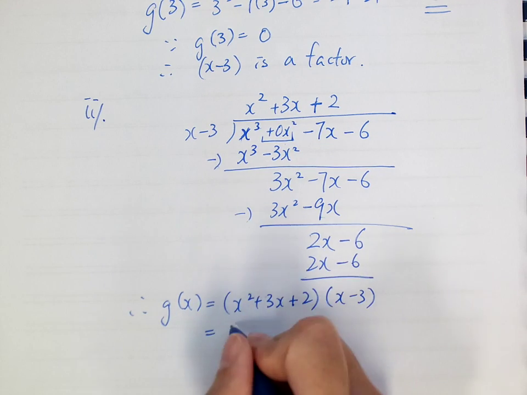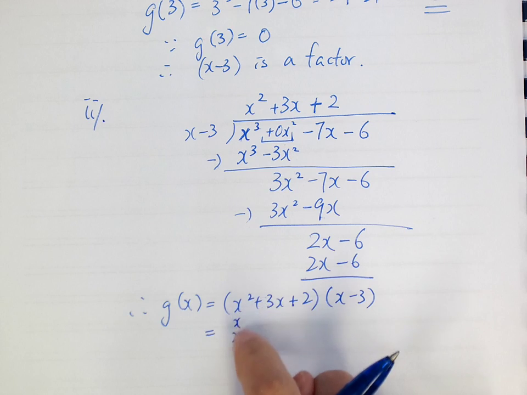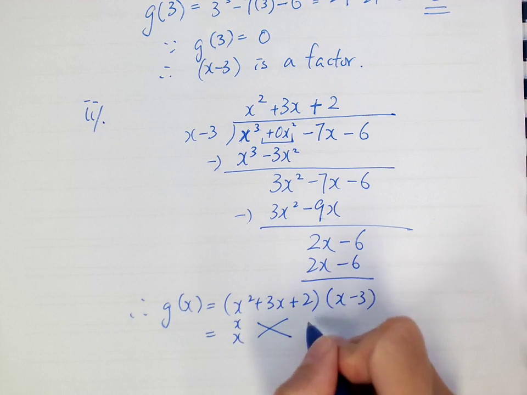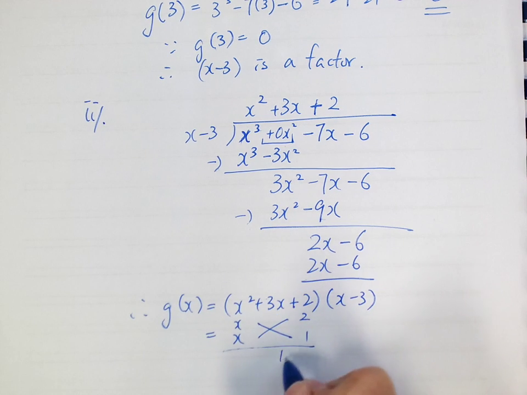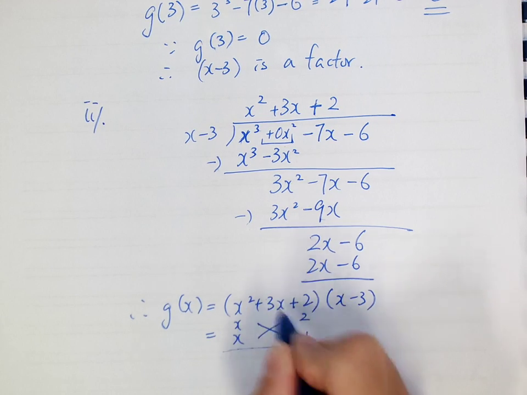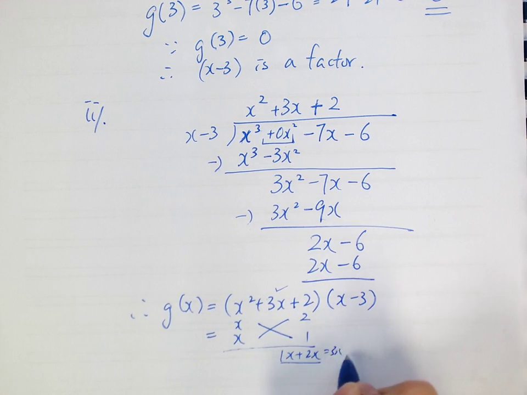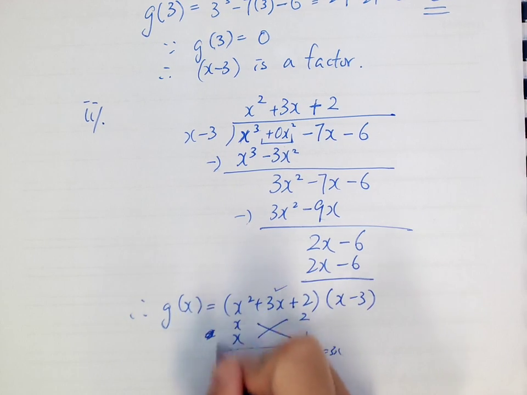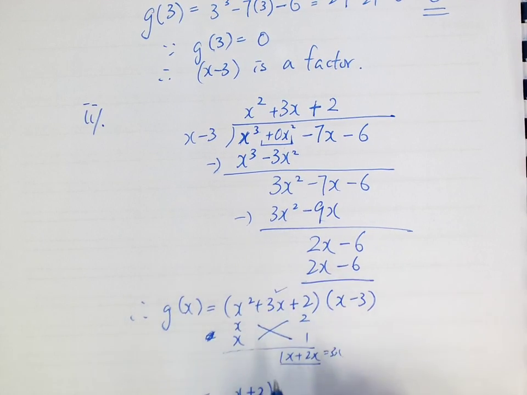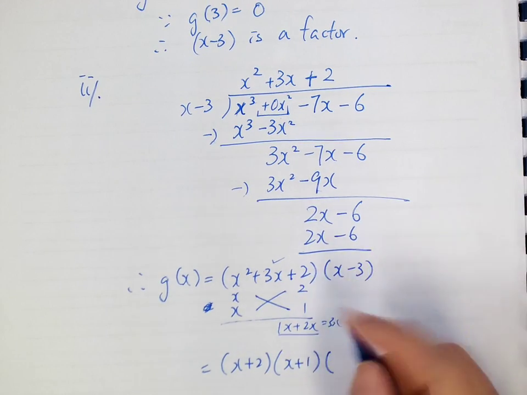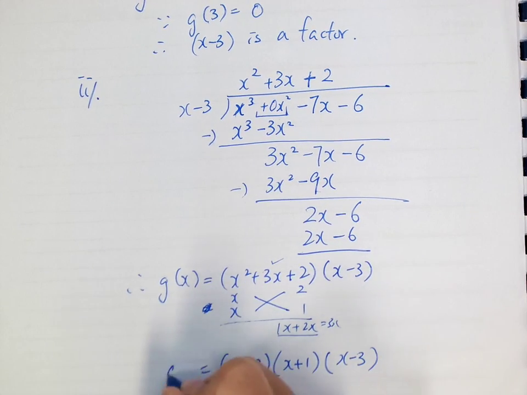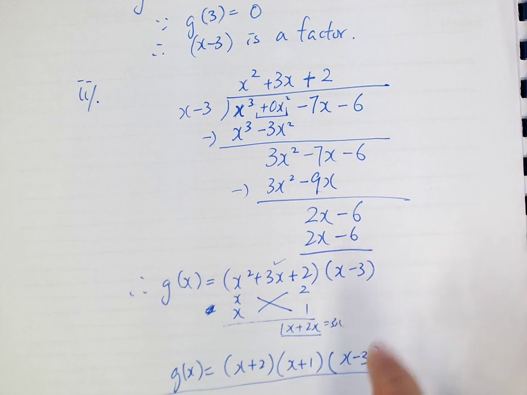If we use the cross method, we can break it down. x squared becomes x times x. 2 is 2 times 1. You have 1x plus 2x, which is 3x. Okay, therefore your factorization should be x plus 2 times x plus 1 times x minus 3. This is the complete factorized form, which is your answer.